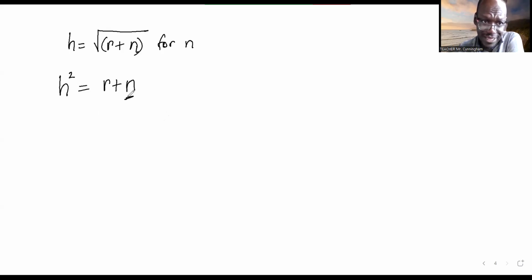So we're finding for n, so you just take the r on the other side. So h squared minus r equals n. All right, so you could write it the other way, that n is equal to h squared minus r.